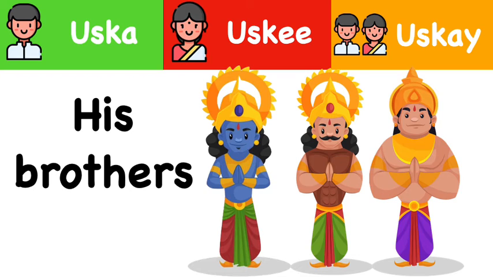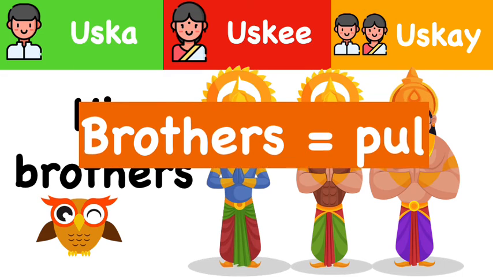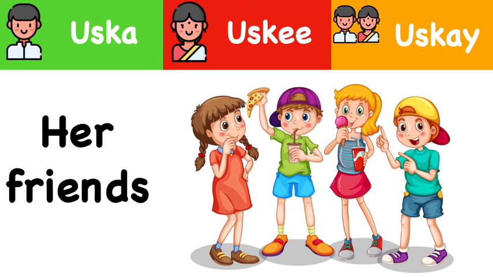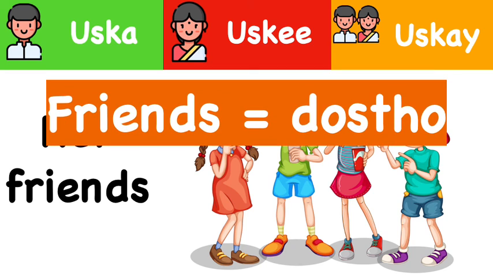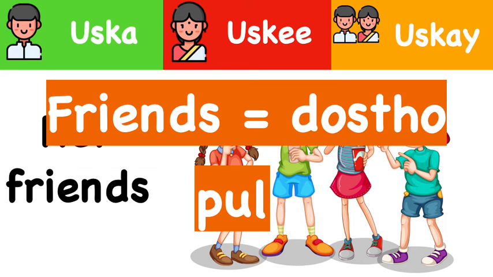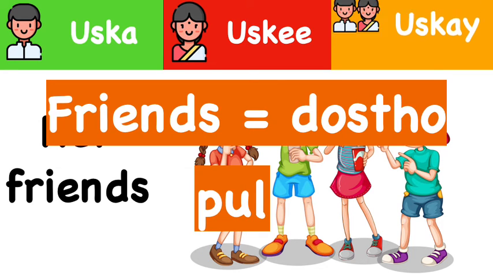His brothers, which would it be? Uska, uski, uske. Well, brothers is a pull noun, so it would be uske. Her friends. Friends is doston in Hindi, and that is a pull noun. So would it be uska, uski, uske?